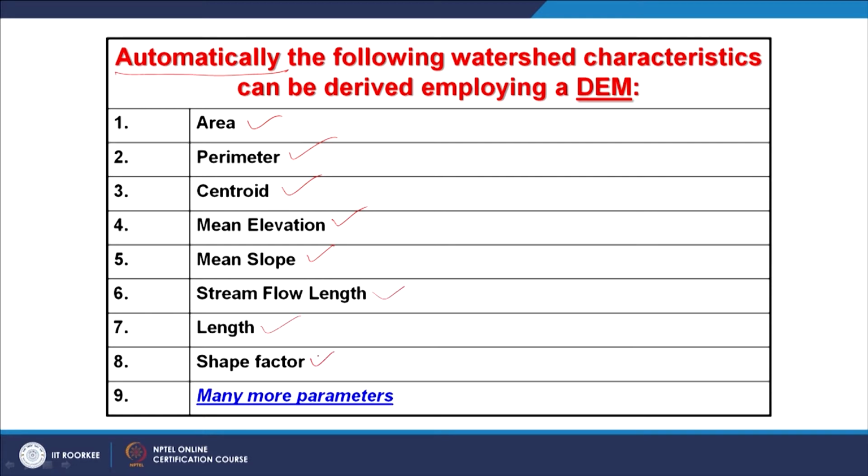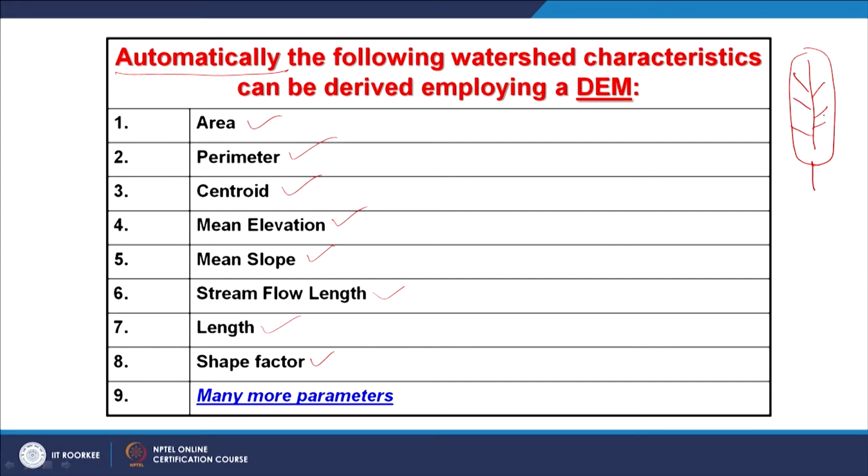Shape factor plays a very important role in your flood modeling, because if a watershed has a shape something like this, and this is the drainage network, that means there will be more lag time.